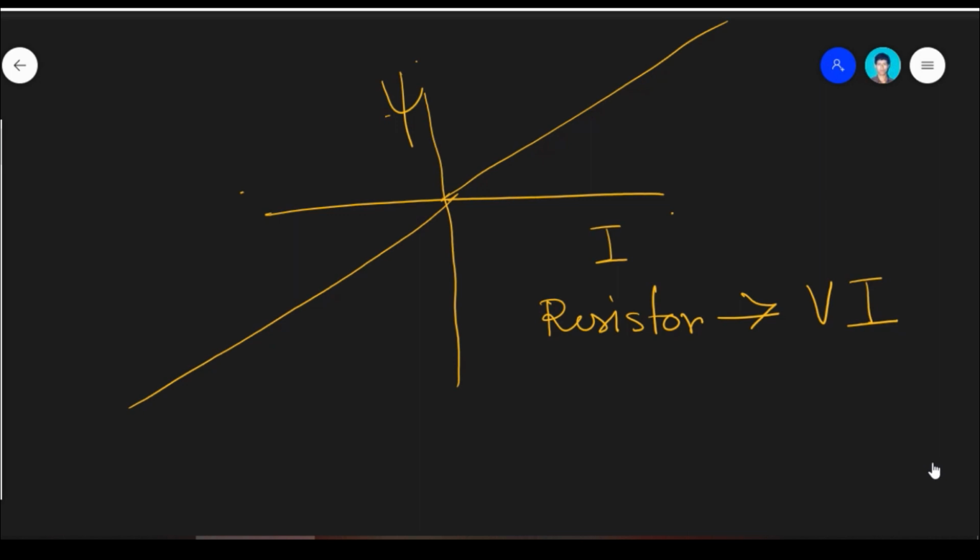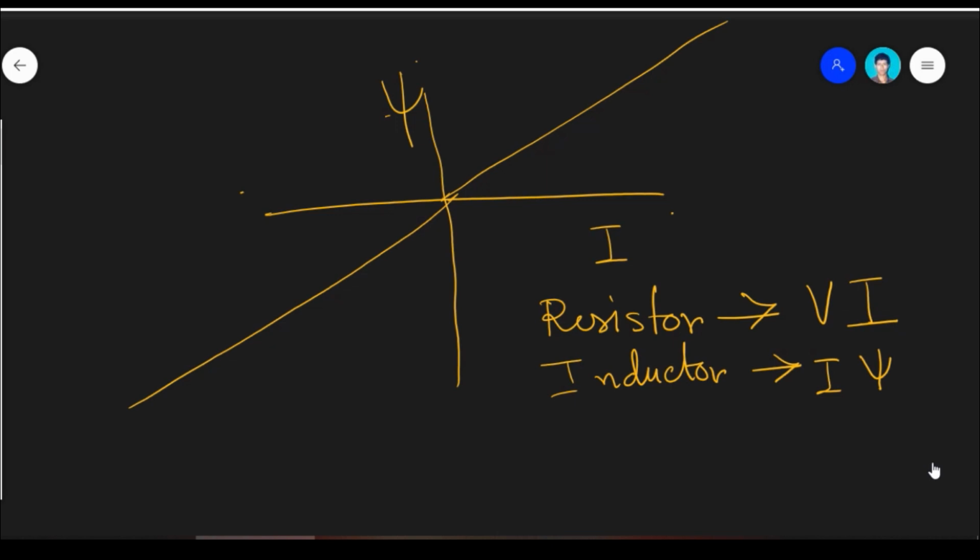This psi indicates the self-flux linkage of a given inductor, and this I is the current that is flowing through that very inductor. So for this inductor we must study its characteristics in the I-psi plane.